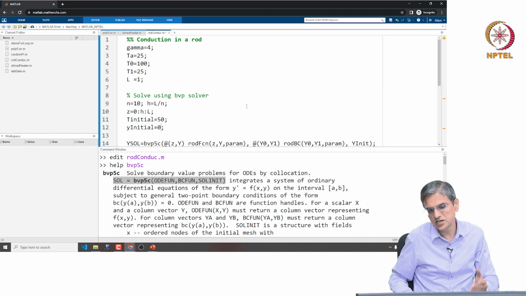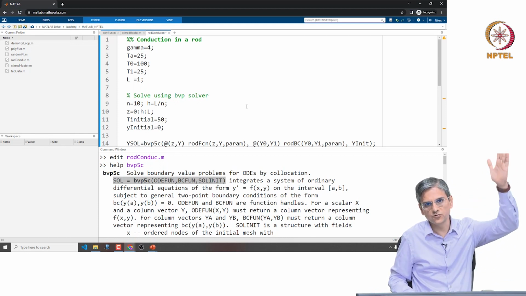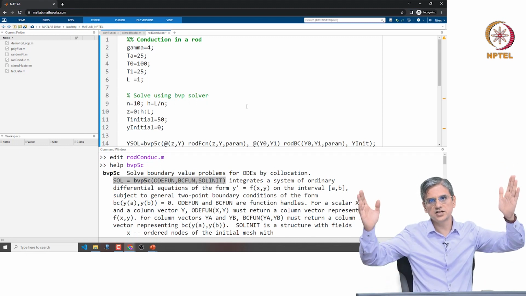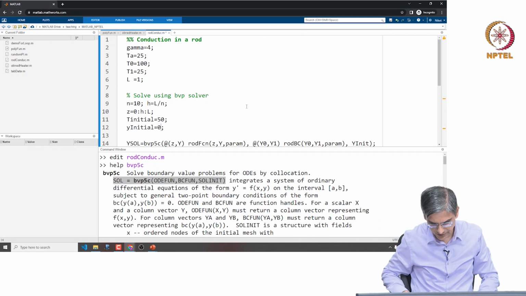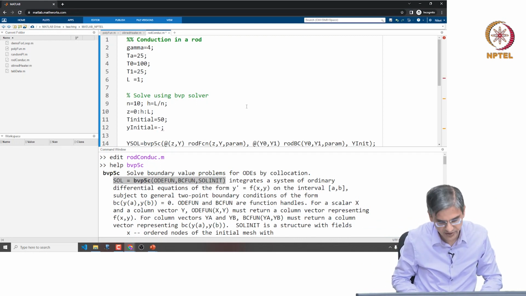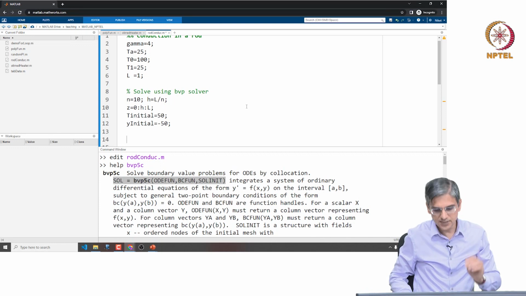So that is, or dT by dz, because we know that the temperature is going to fall because one end is hot, the other end is cold. So as z is increasing, temperature is falling. So we will give a negative value, say minus 50. Okay. That is y initial, this is T initial. Remember, capital Y is different than small y.